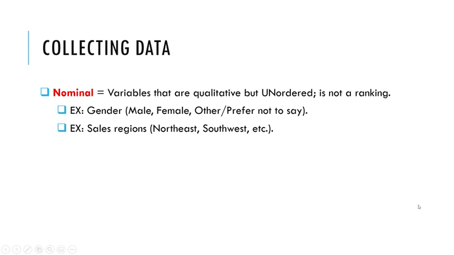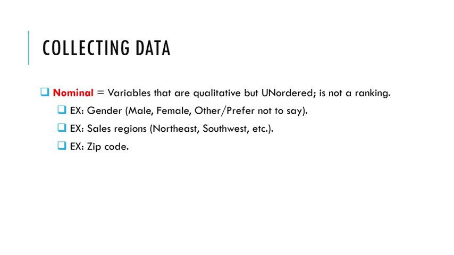Sales regions. Maybe you're in charge of data on sales for the different regions for your business, and I've got nominal data that tells me like you're in the Northeast, someone else is in the Southwest, but there's no ordering between the different regions. We're not necessarily saying that one region is better or different than another. We're just using it categorically. Zip code would be another way.